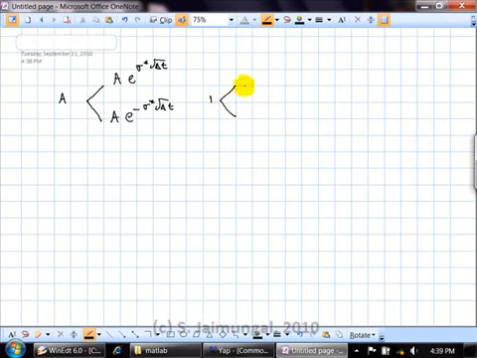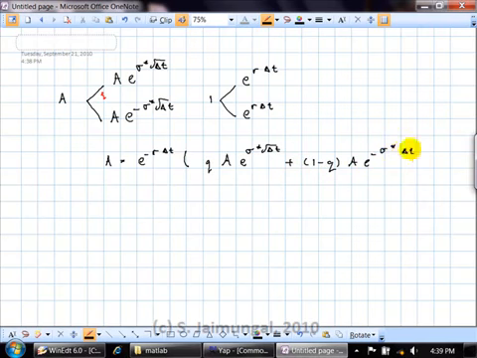Since we're in a continuous time setting, it makes sense to think of the money market account growing in a continuous way, so over some small time step like this. The condition of risk neutrality to calculate the risk neutral measure, Q, would be that A equals e to the minus r delta t, that's the discount factor, times the expected value of A one time step later: Q times A e to the sigma star square root delta t, plus 1 minus Q times A e to the negative sigma star square root delta t.